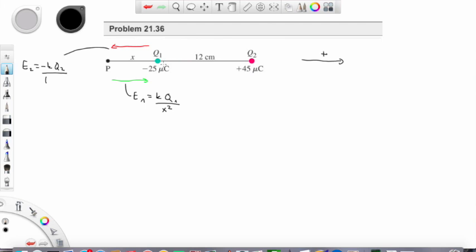So if we call this distance here d, 12 centimeters, the total distance from here to here is d plus x, and that squared.